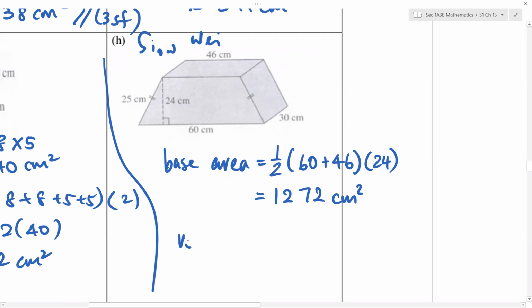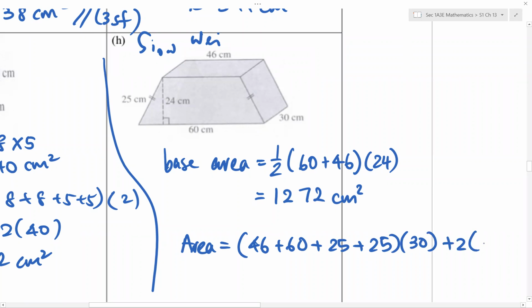And then for volume, sorry, not volume, area. Equals to? Okay. Okay, good.